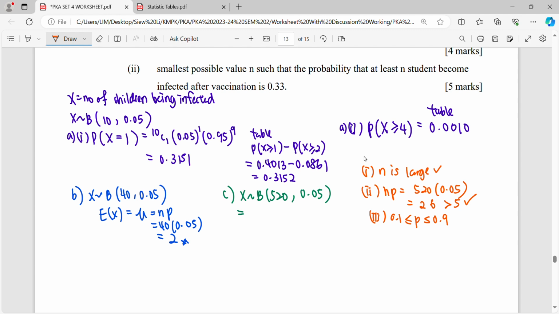Supposedly this one is change binomial to Poisson because p is less than 0.1 already. The p is not in the range, so supposedly it's not changing to normal, it will change to Poisson. But according to what you have learned, you can only change to normal, right? So we just proceed.